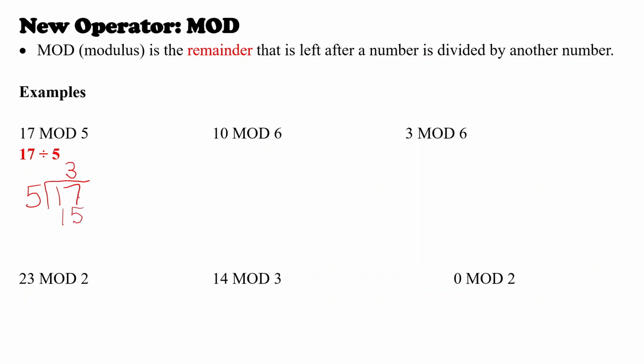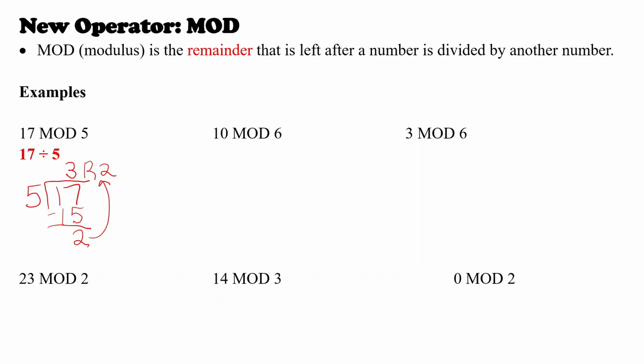Remember, you would take 17 minus 15 to get 2. And there's no other number to bring down. 5 doesn't go into 2, so you brought up the 2. And remember, you used to write R2. I promise you did this, but it was so long ago, right? So 3 remainder 2, meaning 5 goes into 17 3 times completely, but then you have 2 left over.